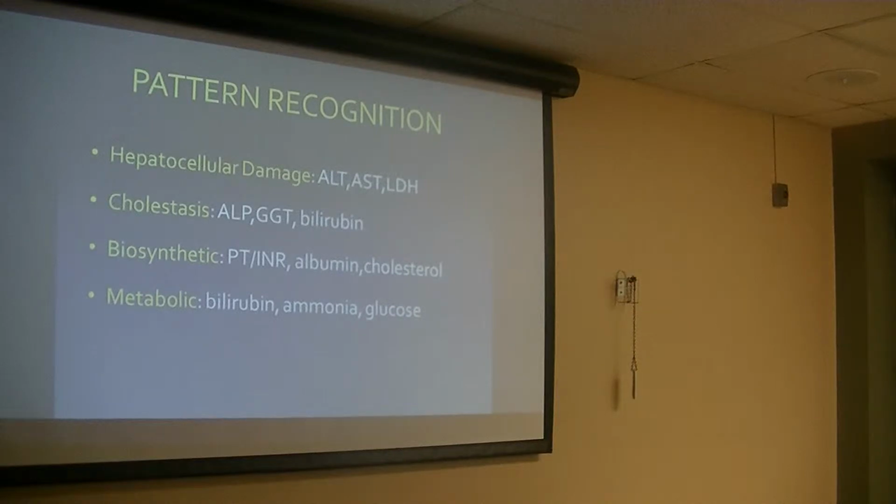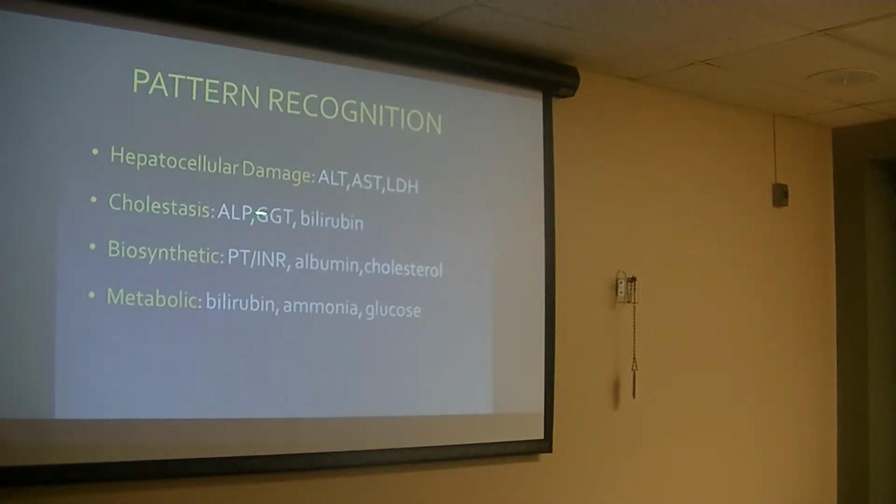So there's four main patterns that we look at when we're looking at these tests that reflect the function or activity of the liver, and that is primarily the AST and ALT, which really reflects damage to the actual liver cell, the hepatocyte.